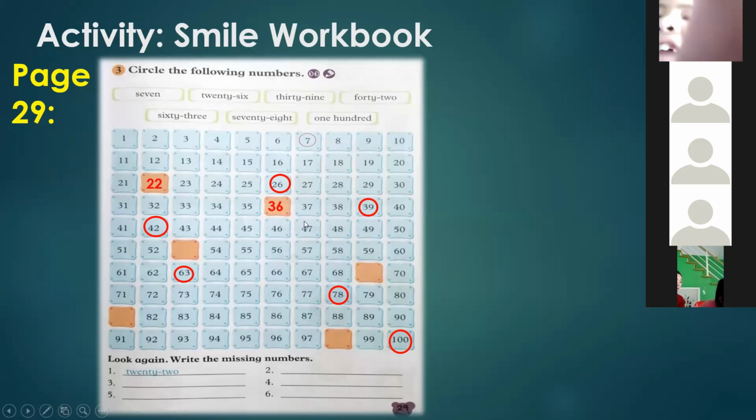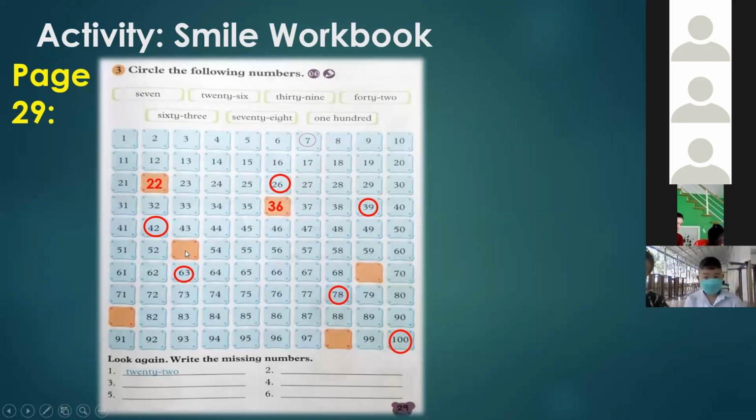Very good. Next is 52. What is next to 52? 53. Very good. Next is 68. What is next to 68? 69. Very good. What is next to 80? 81. Very good. What is next to 97? 98.